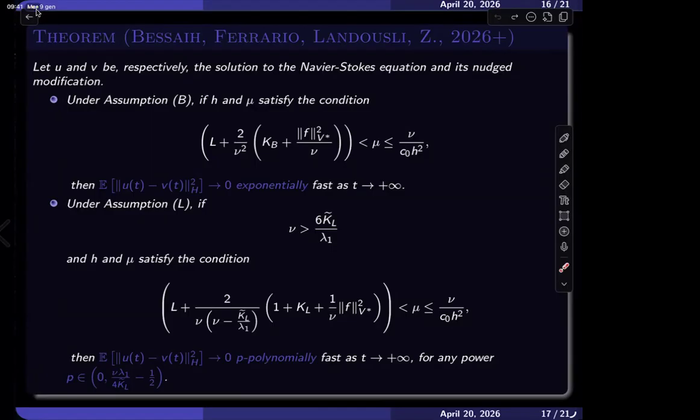And so in order to make the noise disappear, somehow you have to take the expectation. So in this case, the results are weaker since we are not able to prove a pathwise convergence. We are just able to prove a convergence in expectation. But what you can prove is that if the noise is bounded, then you still have an exponential decay. And the assumption that you make on the parameters is very similar to the assumptions that you make in the case of an additive noise.